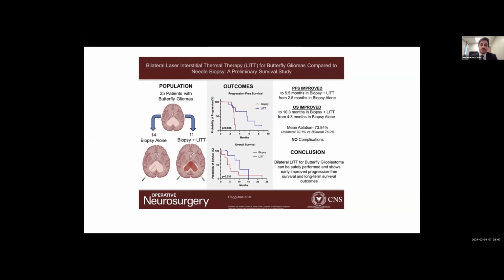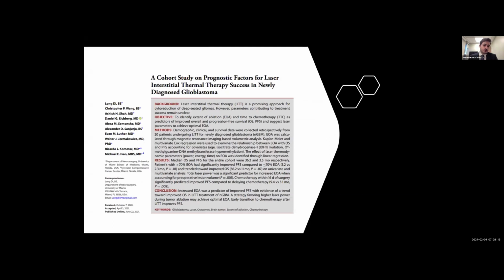So that being out there in the literature is also supportive of performing LITT for these patients. Also, the group here, as I mentioned, commented that giving the chemotherapy within the 1 or 2 week time frame that I mentioned improved the progression-free survival for these patients.